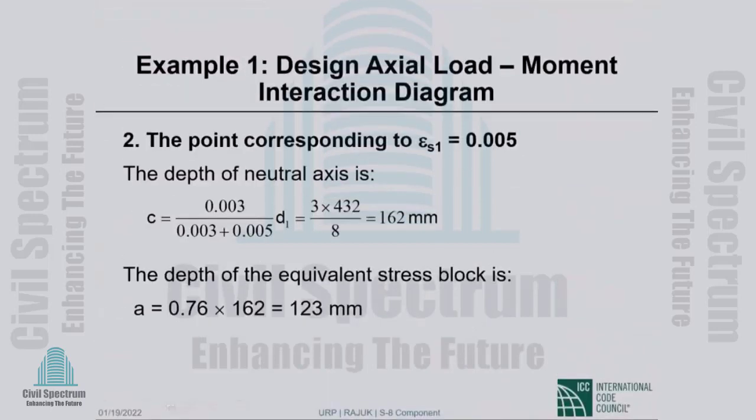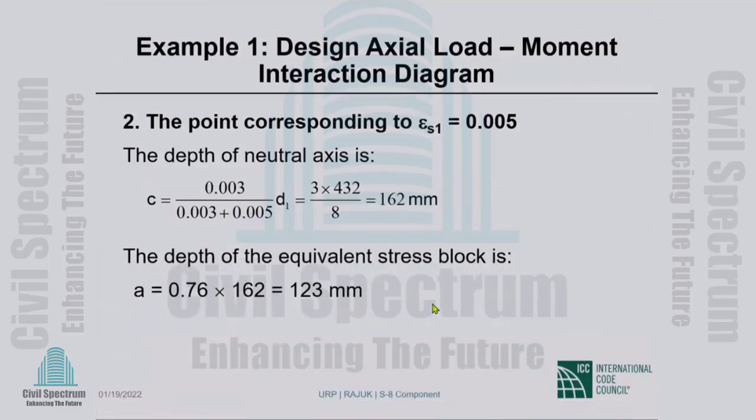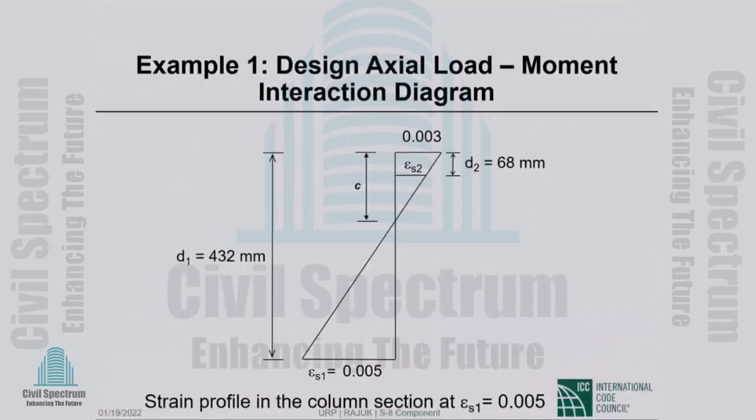Then the neutral axis depth by straight line strain distribution is 162 millimeters. This is the neutral axis depth, okay, from straight line strain distribution. The stress block depth is 76% of that, that's 123 millimeters.